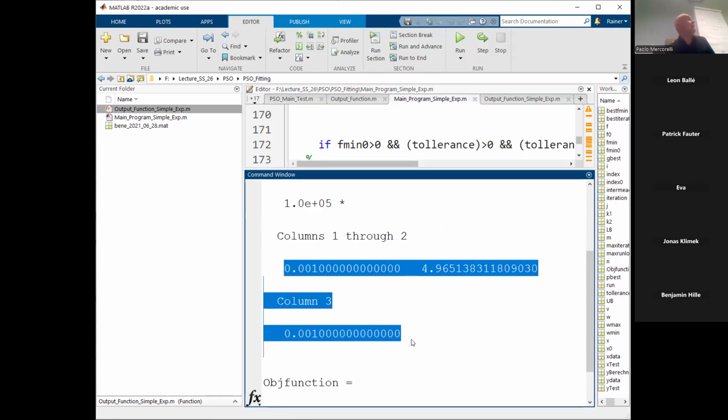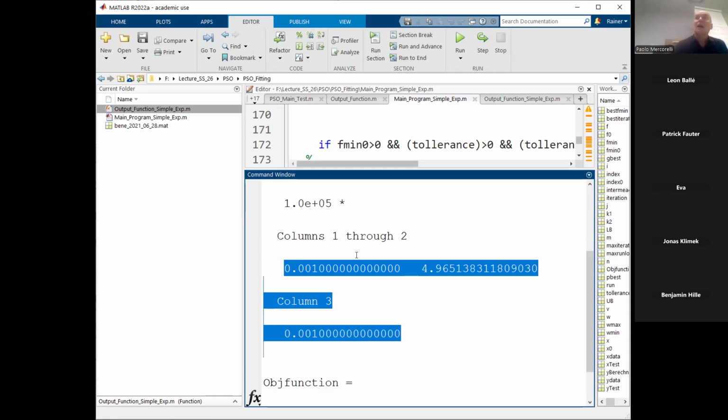Because you remember last time I clarified very well, if we crash against the lower or the upper bound, this means that the PSO sees the minimum outside. This means it's reasonable to think to enlarge this, because the better minimum is outside.